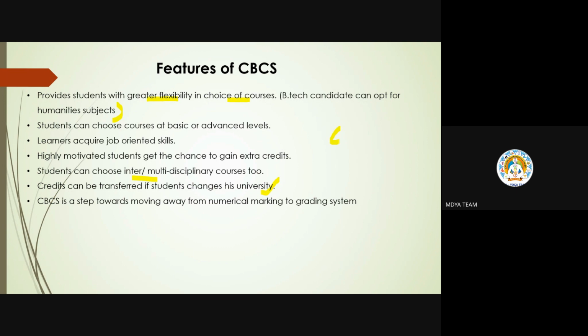The 20 credits you have scored will transfer to that university's credit bank. You will have to study for only 20 credits, and they will just add your credits from the previous university. So credits can be transferred.